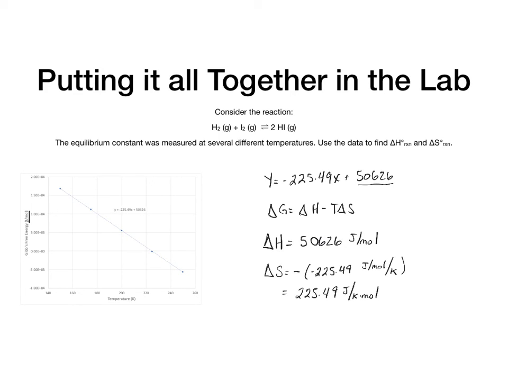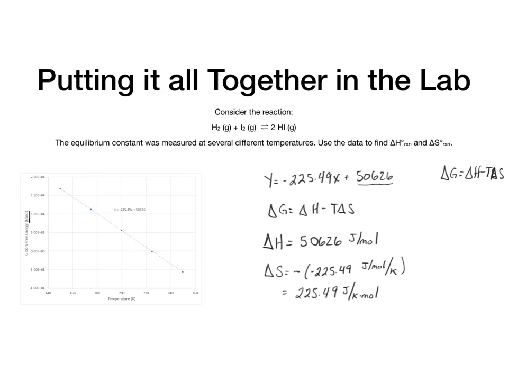And so in your experiment in the lab, you are going to create data just like this, and you're going to use the relationship that delta G equals delta H minus T delta S maps onto the equation of the line.